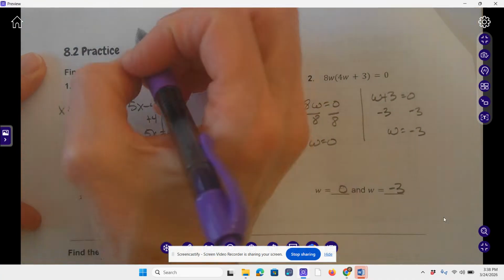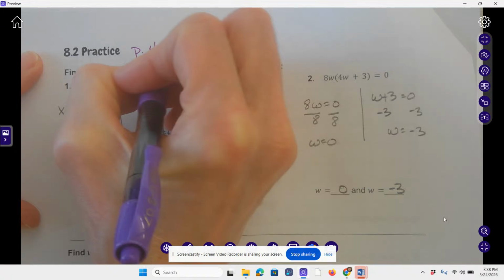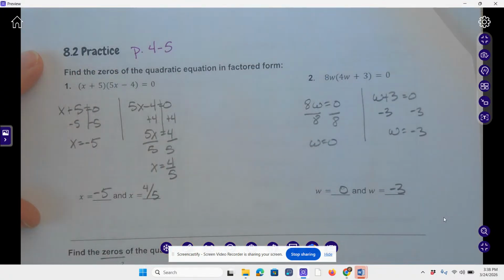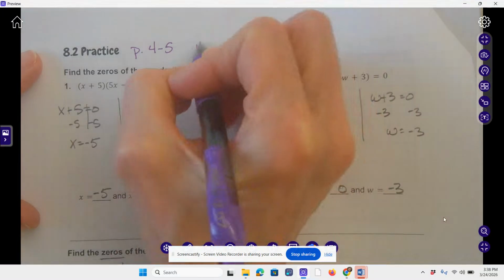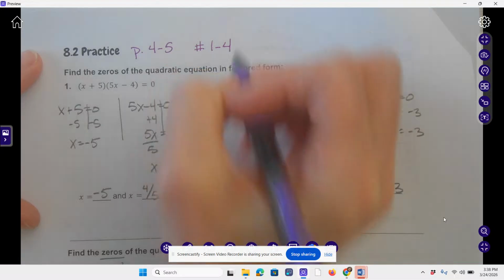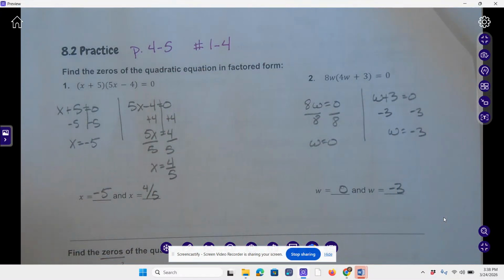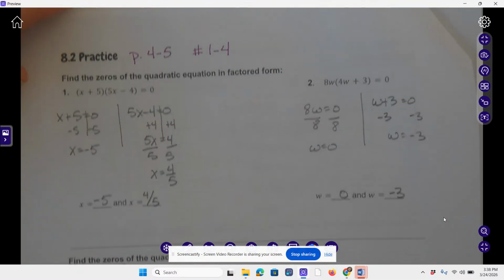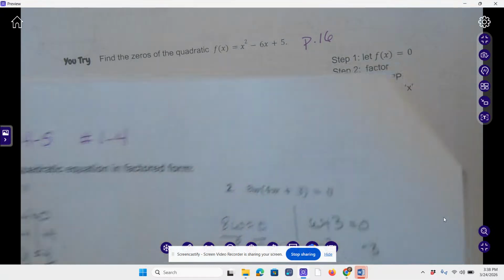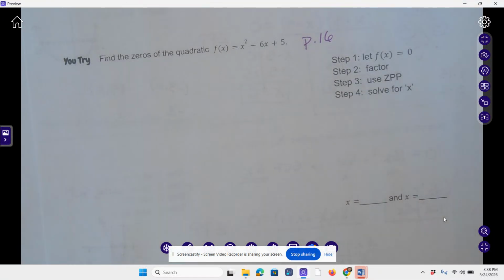So this is page 4 and 5, and I would like you to do number 1, number 2, number 3, and number 4. Number 1 through 4. So 1 and 2 you should have notes from yesterday, and then 3 and 4 are just like the examples we just did.